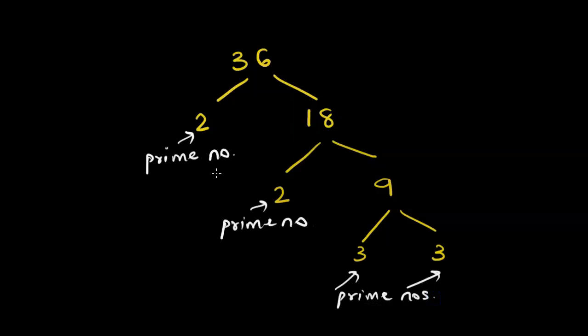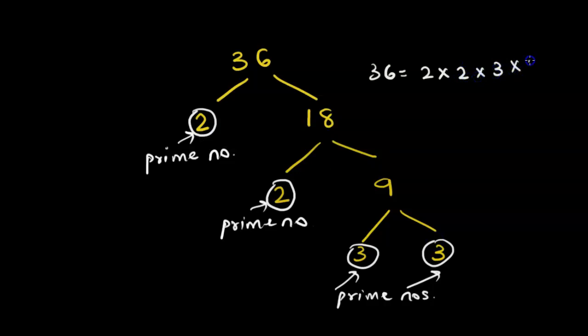So if the question wants us to write all the prime factors of 36, we would always make a factor tree, and then the final answer is that we can write 36 as 2 times 2 times 3 times 3. We take only the prime numbers and multiply them with each other.